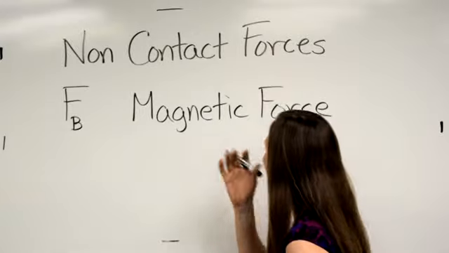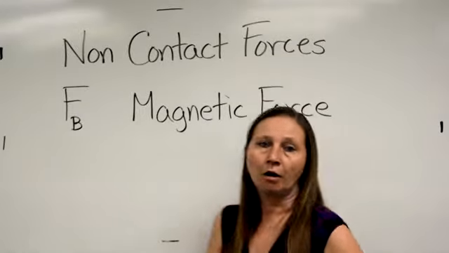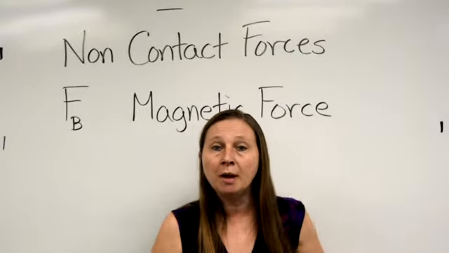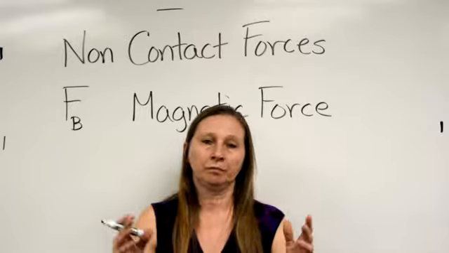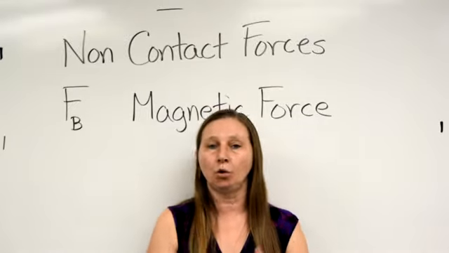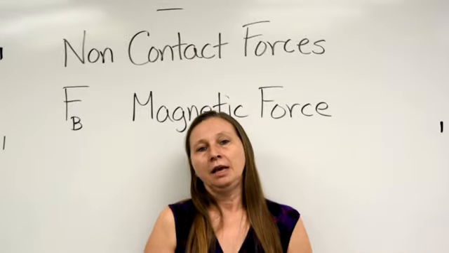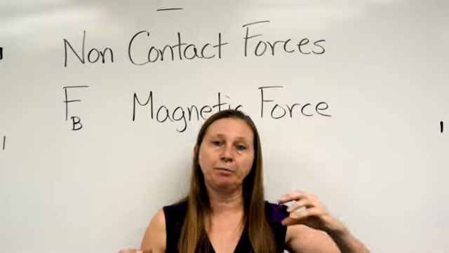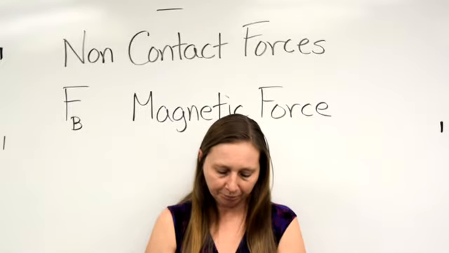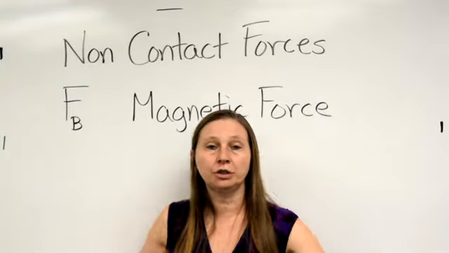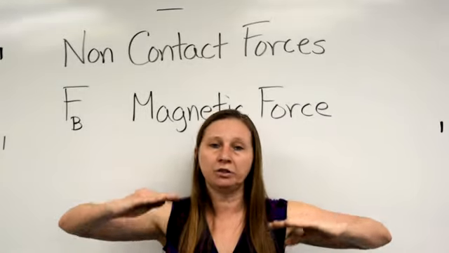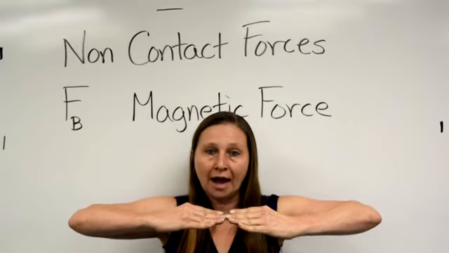But in any case, the magnetic force occurs when two magnets, each magnet having a north and a south pole. If you have, for example, the north pole of one magnet close to the south pole of another magnet, north-south opposites are going to attract.